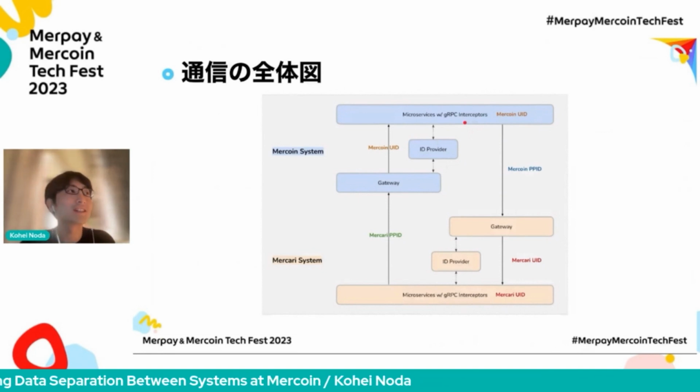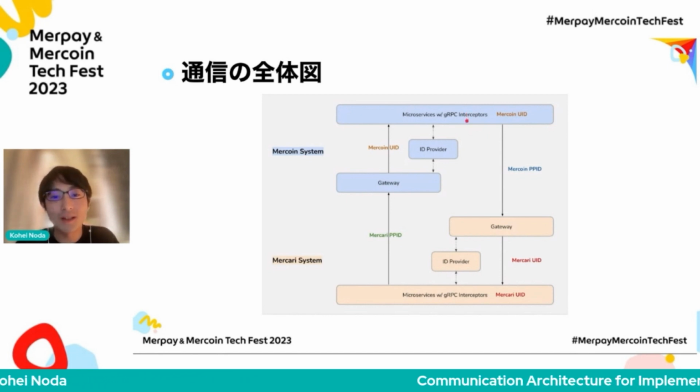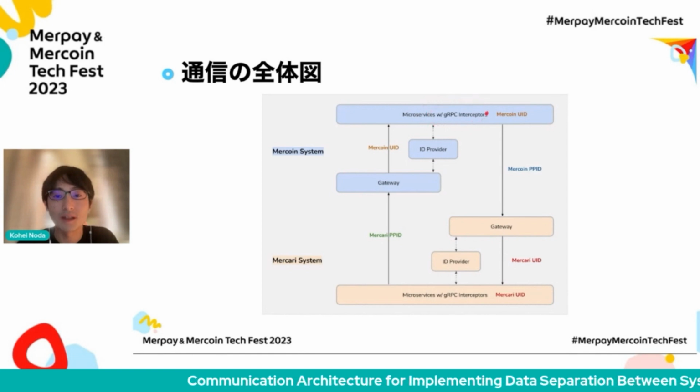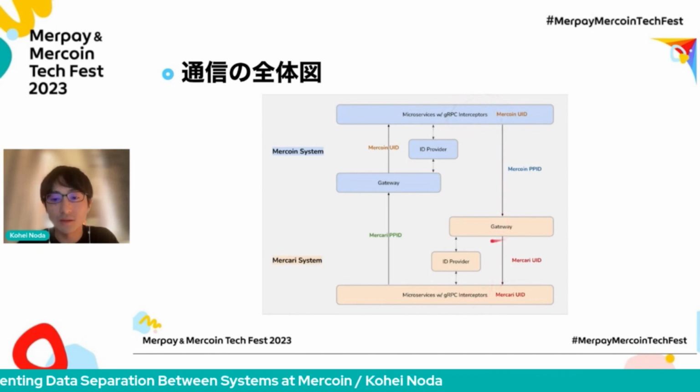The caller and callee are here, and ID conversion on the caller side is performed by the gRPC interceptor included in a microservice. The interceptor converts the ID and sends the request to the other microservice via gateway.